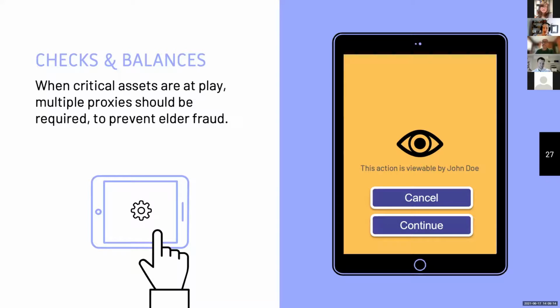So every time one of the proxies does something in the bank account of Jane Doe or of Jane Doe's mother, maybe, the other person who also has proxy access is alerted and is going to be able to see that you did this. And so providing that sort of transparency, a checkpoint, wait a second, maybe I want to be careful about what I'm doing here, makes a lot of sense.